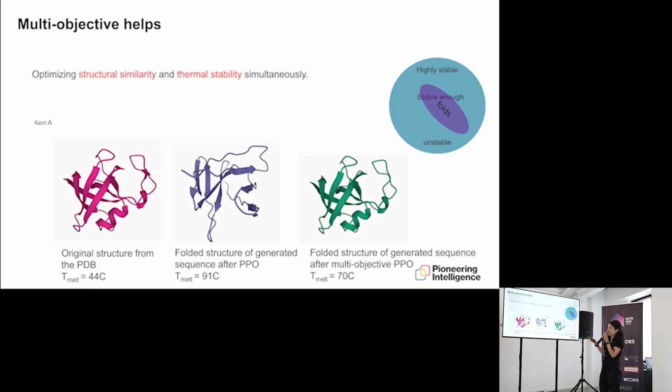That then leads you to not really being able to learn the thermal stability proxy. So we did a multi-objective between the two. If you treat it as a multi-objective, so you give structural feedback and thermal feedback, put it all together in your loss, you can find a middle ground where you get decent melting temperature, and you're still able to generate sequences that fold into the original one.